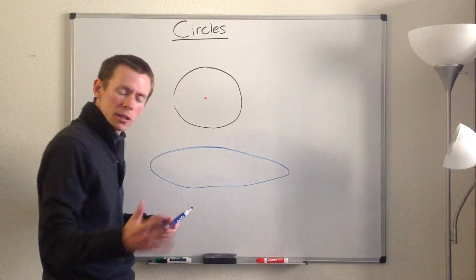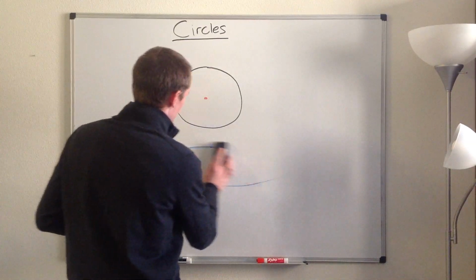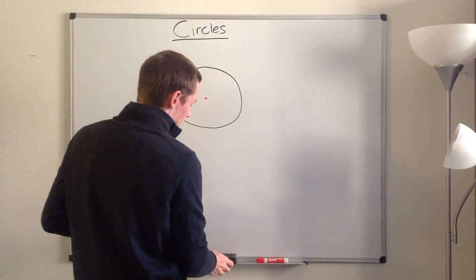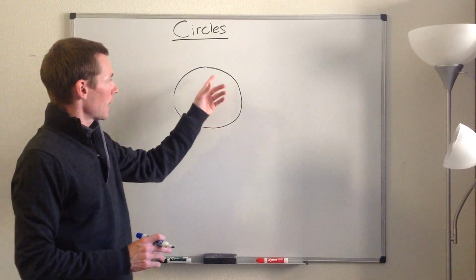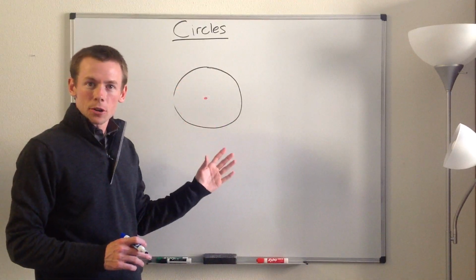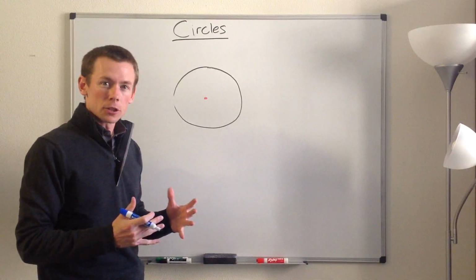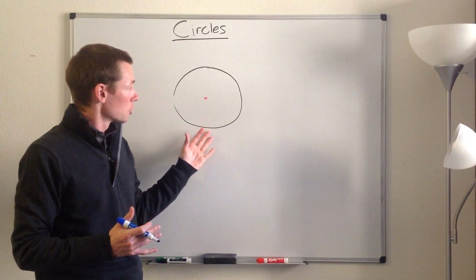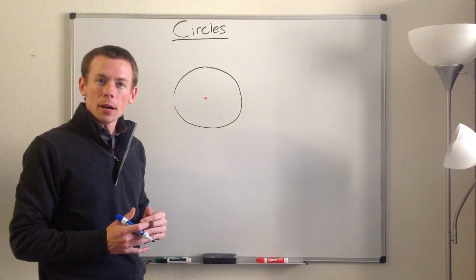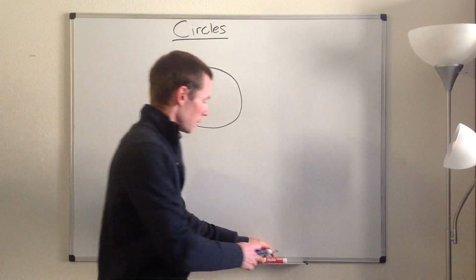Okay, so let's start to define a circle. So here I have now what does indeed look like a circle. I did it freehand, so it's not a completely perfect circle, but it is representative of a circle. And then I have a red dot right in the middle of the circle. Okay?